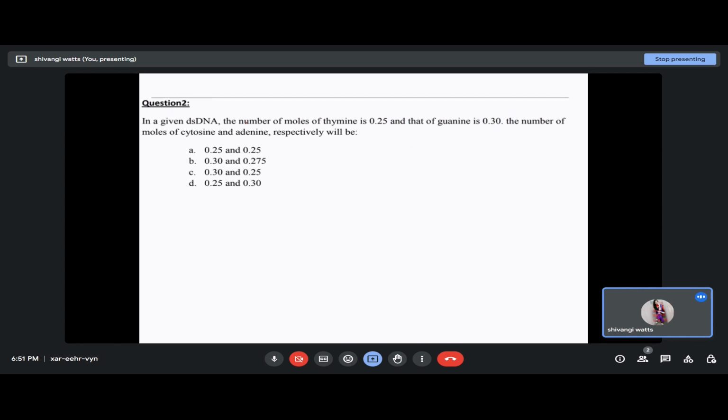In a double-stranded DNA, the number of moles of thymine is 0.25, whereas the number of moles of guanine is 0.30. What are the number of moles of cytosine and adenine respectively?